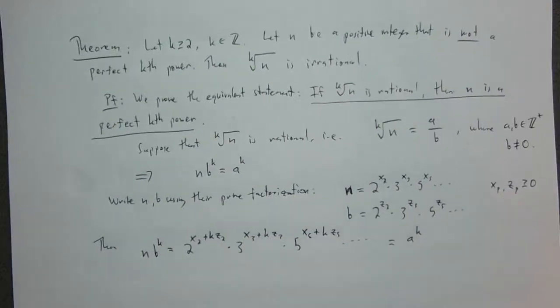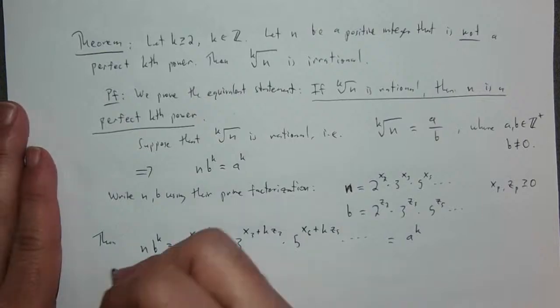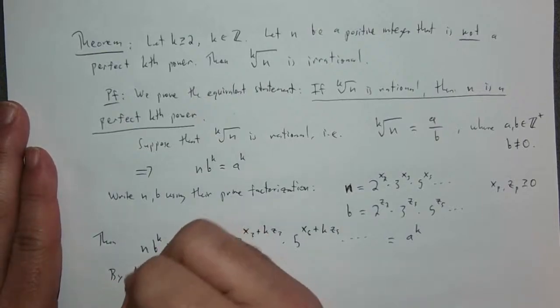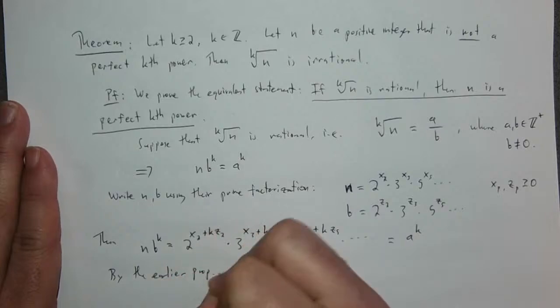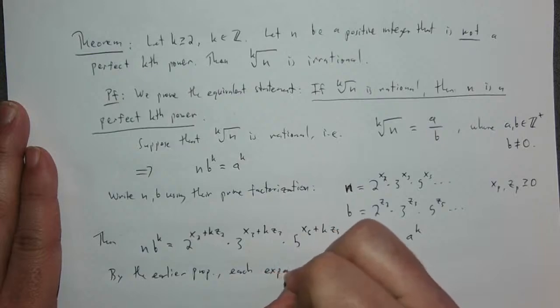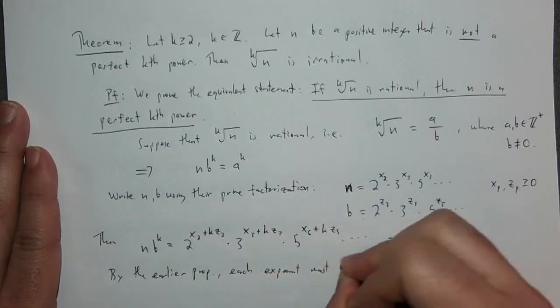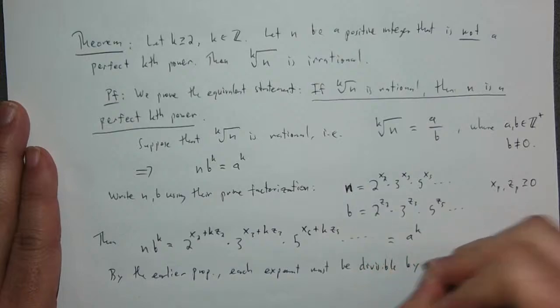But if that's going to be the case, this proposition I had that helped me solve the puzzle at the beginning of chapter 5 tells me that each of these exponents has to be divisible by what? So by the earlier proposition, each exponent must be divisible by k, right?